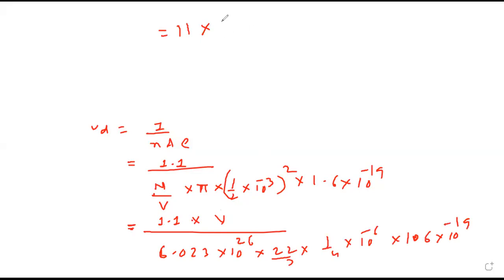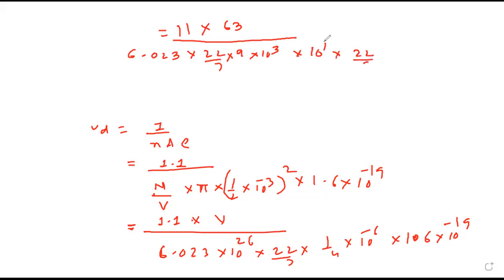How much is mass given? 63 kg. 63. And density? 9 into 10 raised to 3. 6.023 into 22 by 7 into that 9 into 10 raised to 26 minus 25. 10 raised to 1 into 22 by 7 over here. 1 by 4, the 4 will go up, into 1.6.